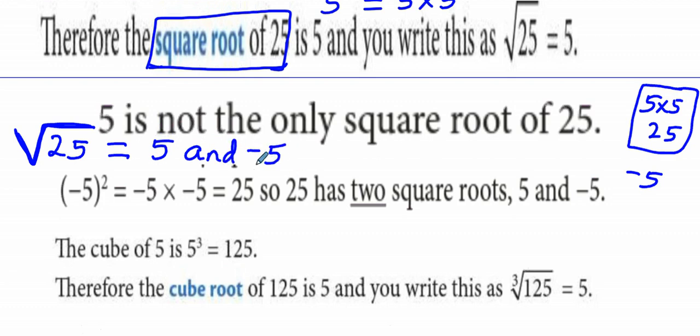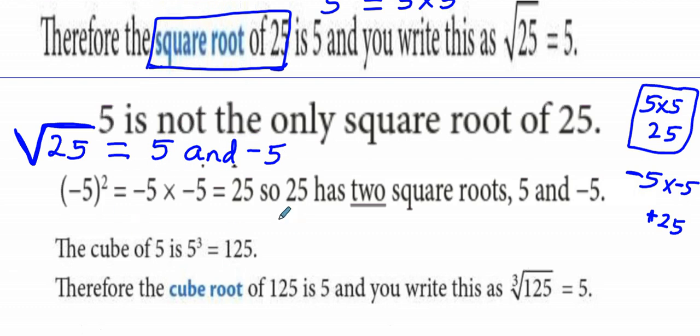Now, why negative 5? Because negative 5 times negative 5 gives you positive 25. Remember our discussion? Negative times negative gives you positive. So the square root of 25 equals 5 and negative 5.